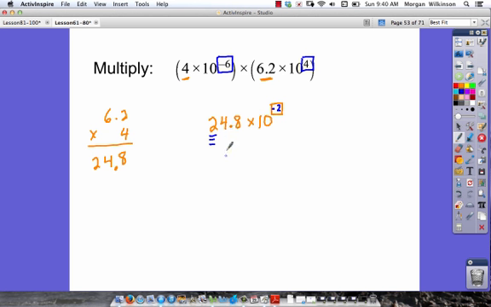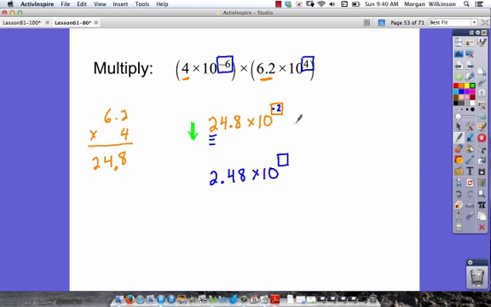In order to undo that, we're going to make 24.8 the same as 2.48 times 10 to some power. Now, we're trying to balance these out so that they're equal to each other. So 24.8 is bigger than 2.48. So this number is getting smaller by a power of 10.